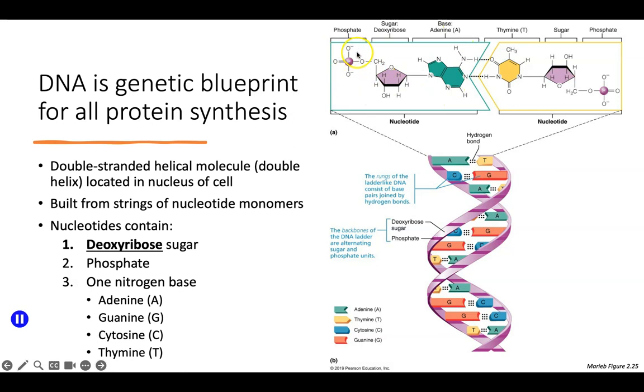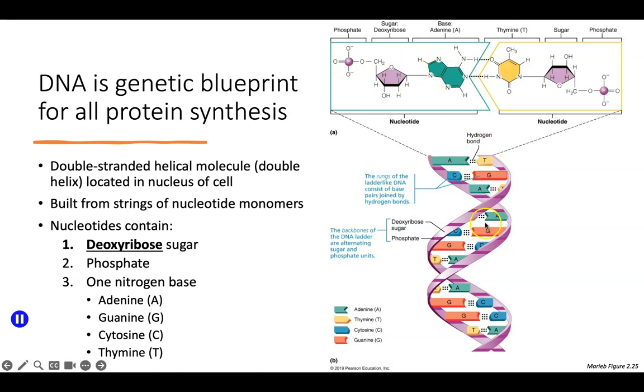You can see each nucleotide is going to have that central sugar group. So deoxyribose is what's found in DNA. That deoxyribose is bound to a base, in this case it's adenine in the example, and to a phosphate group. So there's the phosphate group on the left side of the nucleotide.